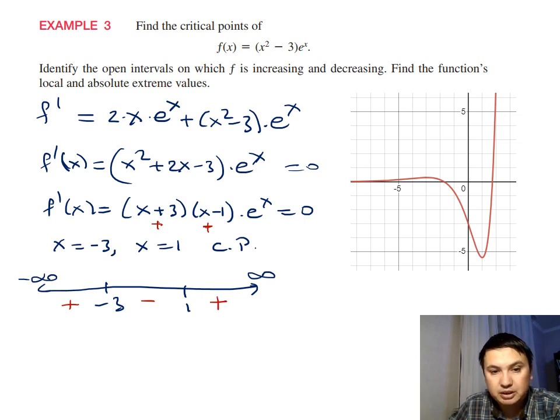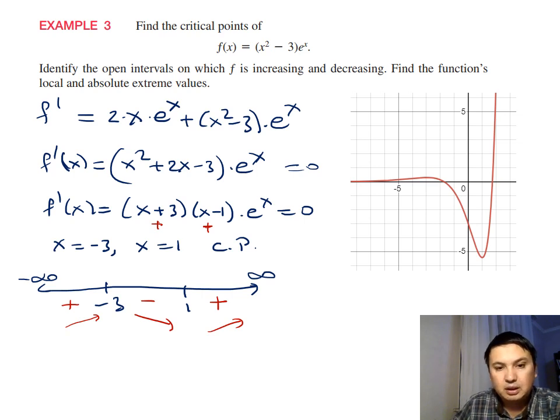So what I see is my function is increasing, then decreasing, then increasing. This is slightly different, right? Here I have an increasing function, and then starting from some point it starts decreasing until I get to 1, and then it starts increasing again.